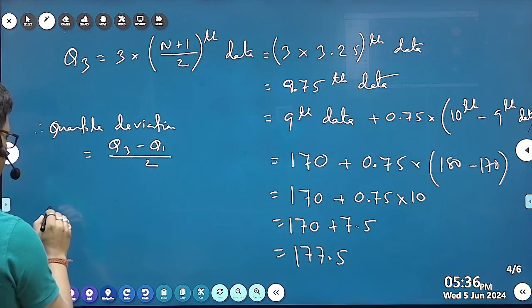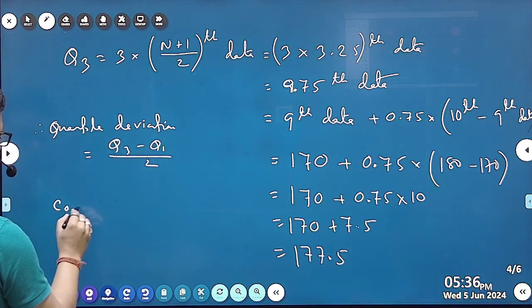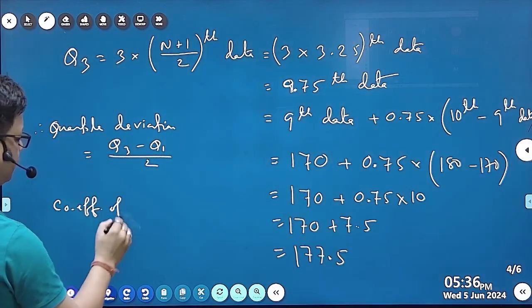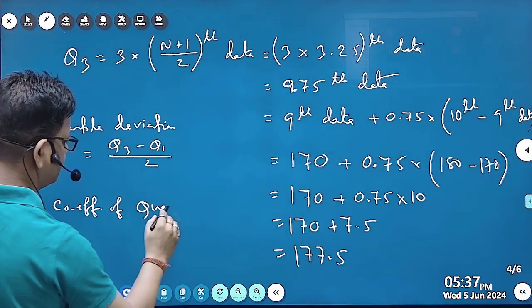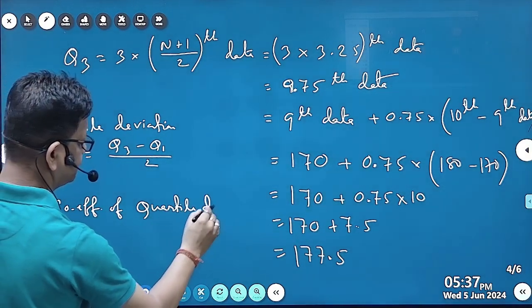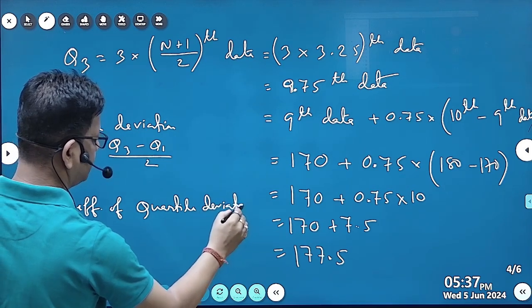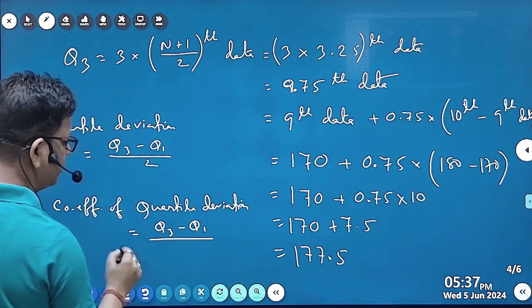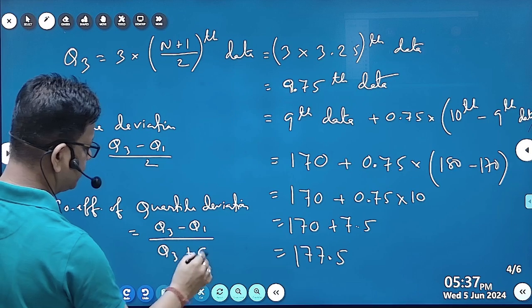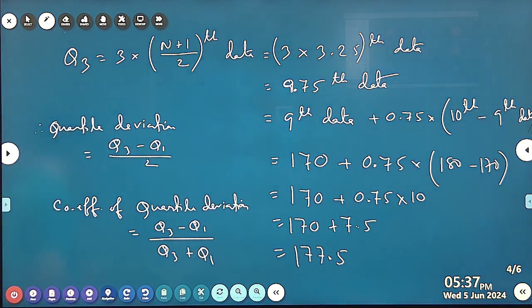And the other one is coefficient of quartile deviation, which is also not difficult. It is simply Q3 minus Q1 divided by Q3 plus Q1. So put these values, that will be the required answer.